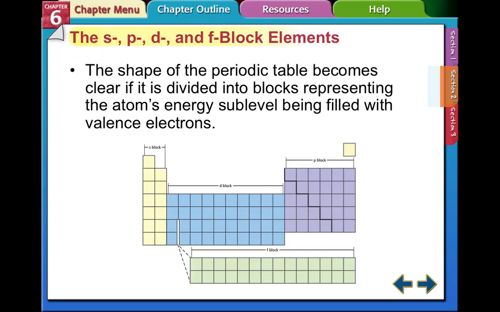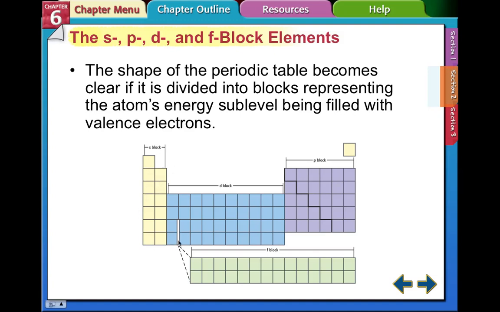Now, the shape of the periodic table is basically broken up into these blocks, and we've talked about this in chapter 5. If you divide it into blocks representing the atom's energy sublevels, you can see how the valence electrons are filled.